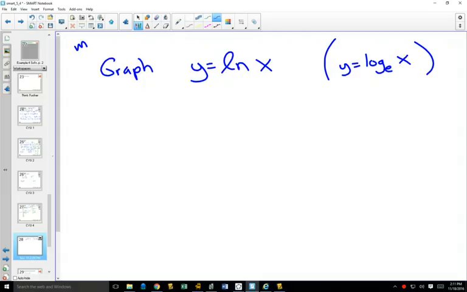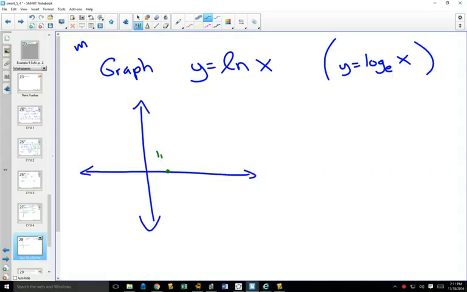So we have y equals natural log of x. All log graphs go through what point? (1, 0). And this one's going to go through (e, 1).